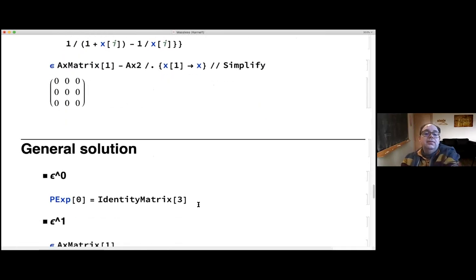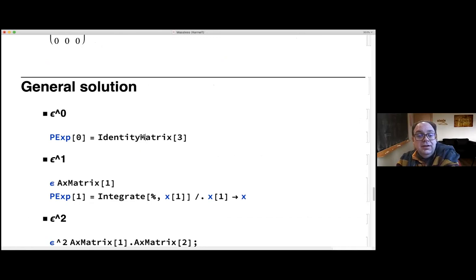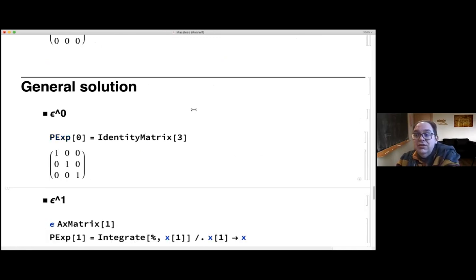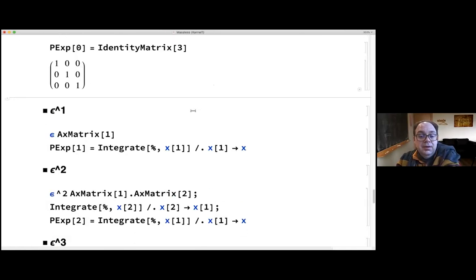Okay, so let's look at the path-ordered exponential. So at leading order in epsilon, the path-ordered exponential is just the identity. And maybe just before we go on, let me show you again what we're doing now, just to connect it to the discussion.